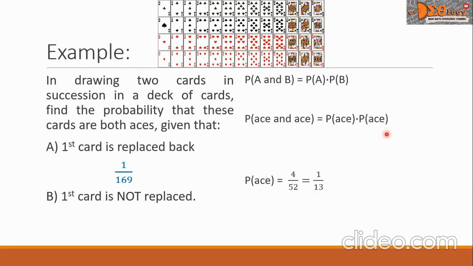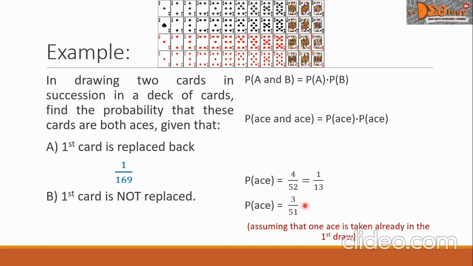For the second ace, since we are not replacing back the first card, we will have 3 over 51. We assume that one ace is taken in the first draw, so there will be 3 aces left in the deck of cards. And in the denominator, it will be 51.